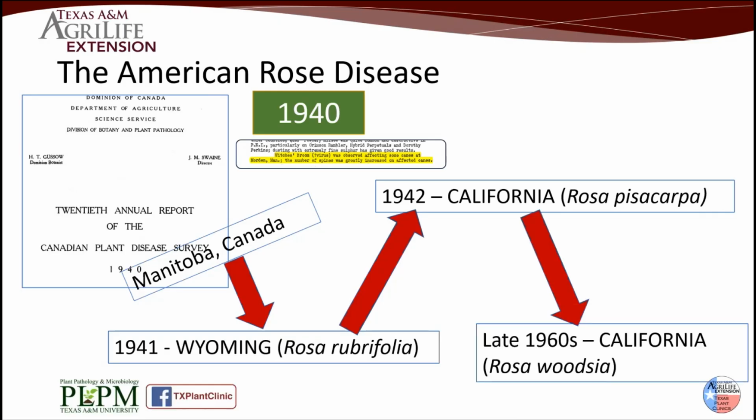Late '60s in California again, on Rosa woodsii. If I'm not mistaken, that was up in the northern mountains or something. And at one point, Dr. Brent Pemberton had said, hey, maybe we should go take a hike and go look for it. Thought about it, but never did it, and he retired.